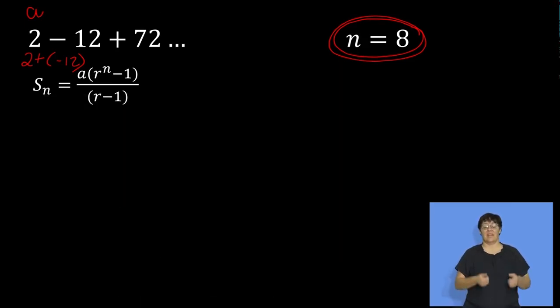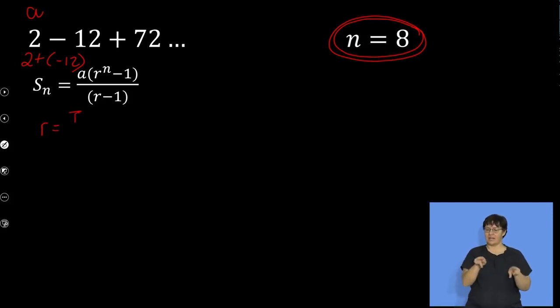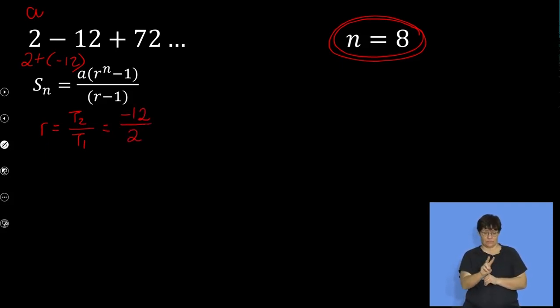The next thing that I need to find is r. And I know that r is equal to T2 over T1, which means that I can substitute in negative 12 for term 2 over 2, and negative 12 over 2 gives me negative 6.